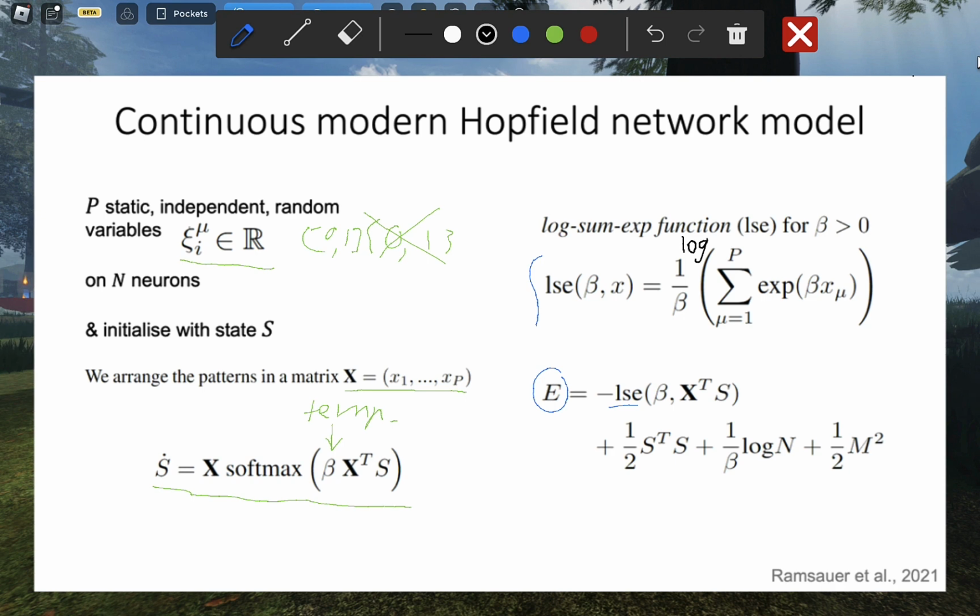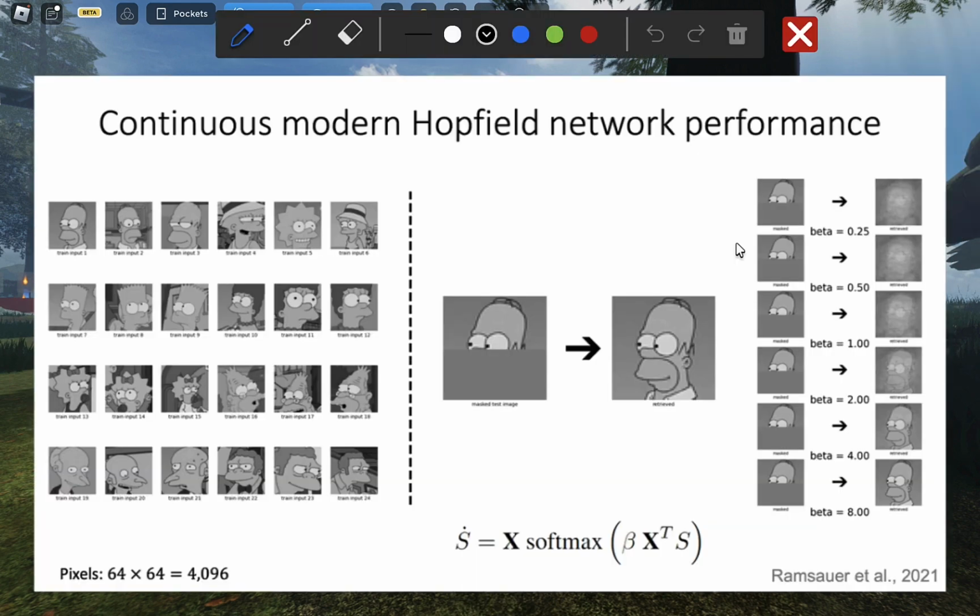Now, what does this give you? Well, on the next slide, you'll see that now we can have continuous patterns. So these are sort of grayscale patterns, and the space has got more detail and nuance to it. This is a case where we had all these 24 patterns of different people, and this beta parameter is basically how much we interpolate between the patterns.